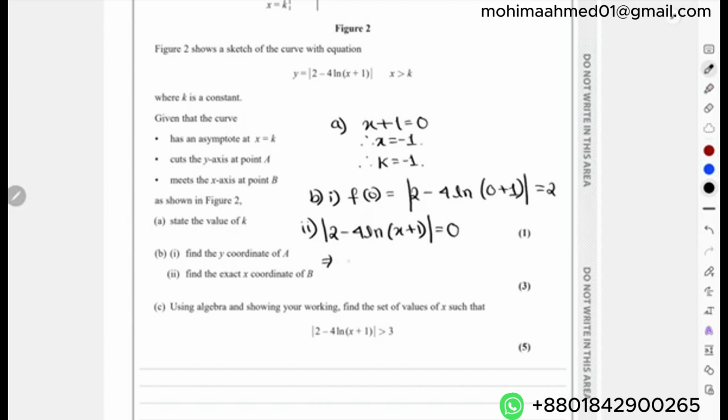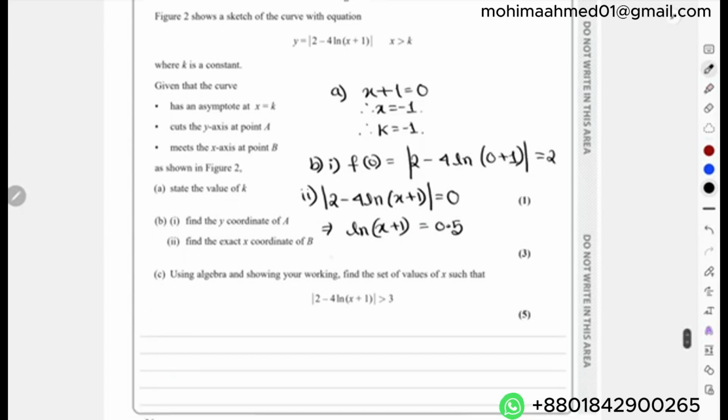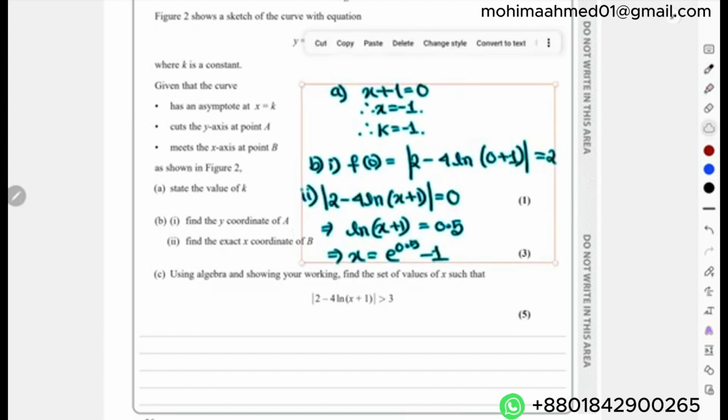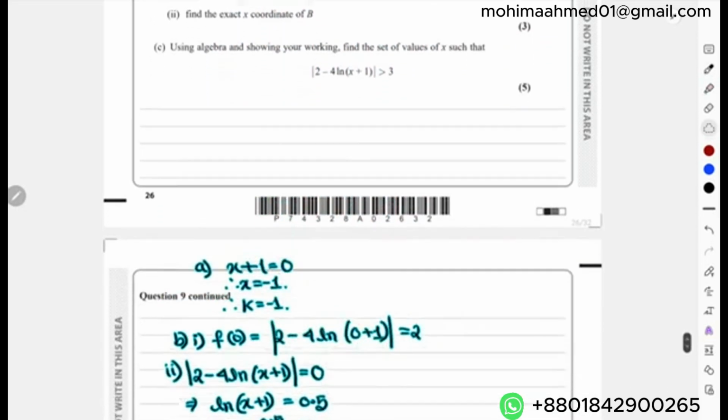So you end up with 4 ln of x plus 1 equals 2, so ln of x plus 1 is 2 over 4, which is basically half. So you can just write 0.5, and the value for x is going to be e to the power of half minus 1. So that is your x coordinate. This was the solution for your part A, B1 and B2. So just write it down in this part.